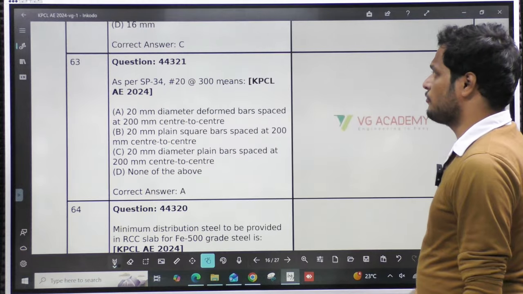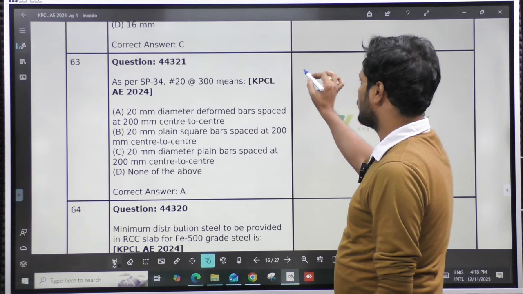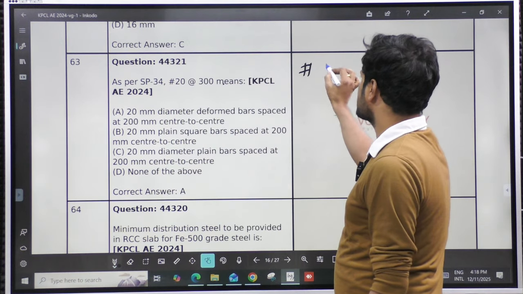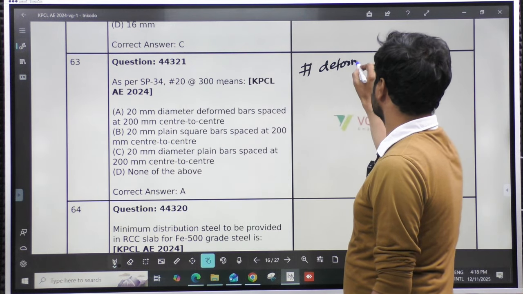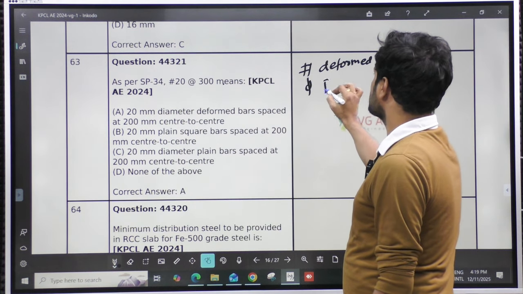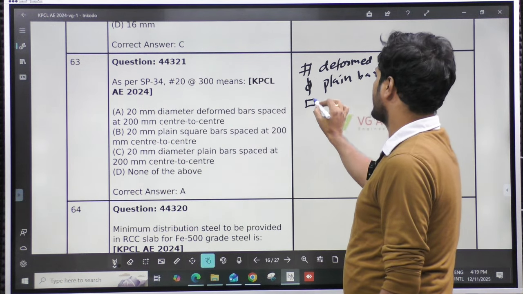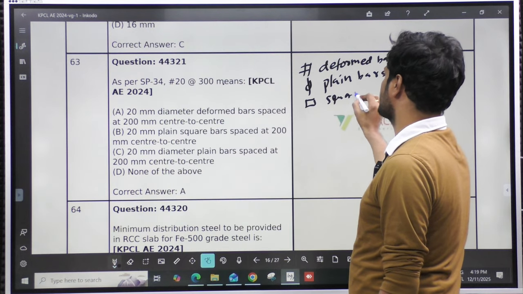As per SP 34, hash 20 at the rate of 300 means what? As per SP 34, hash indicates deformed bars, circle indicates plain bars, and square indicates square shaped bars.